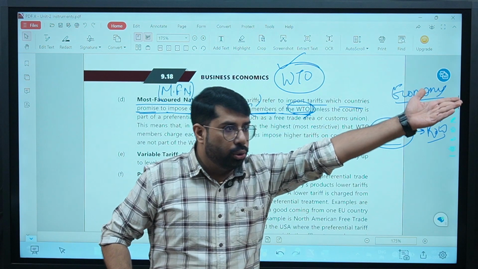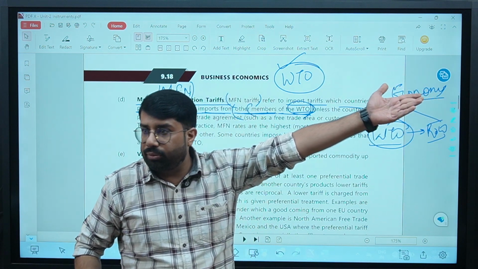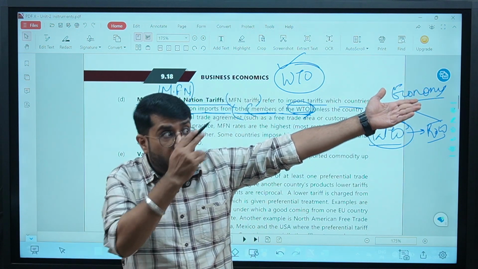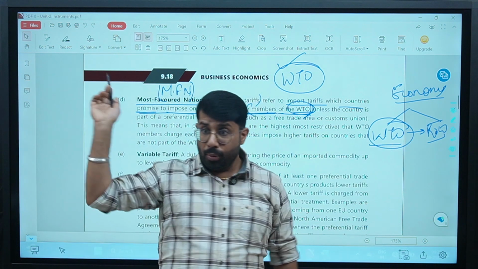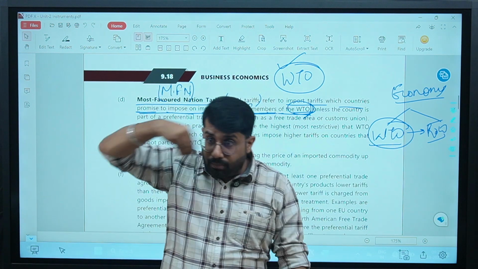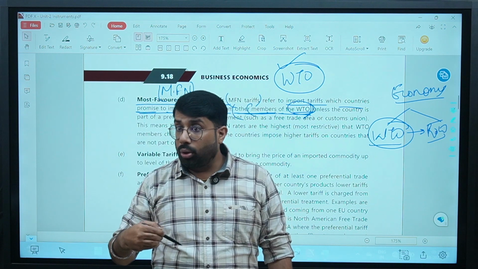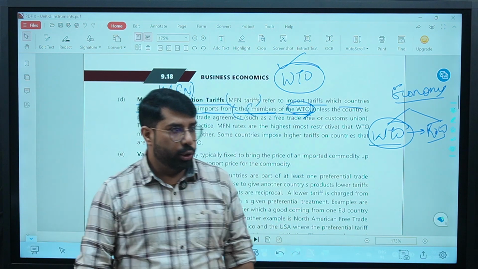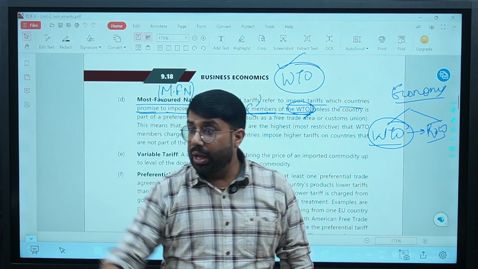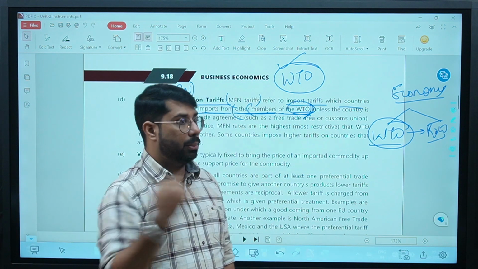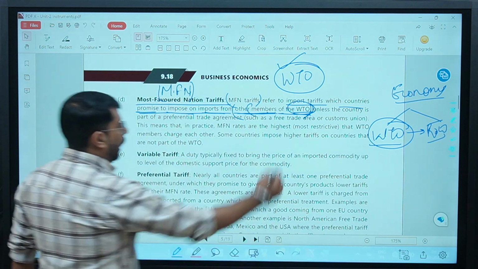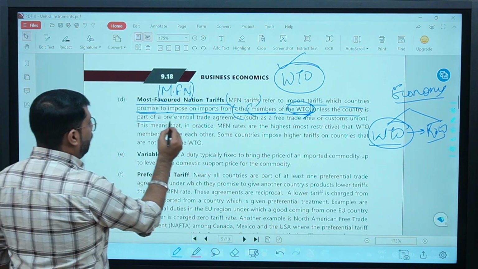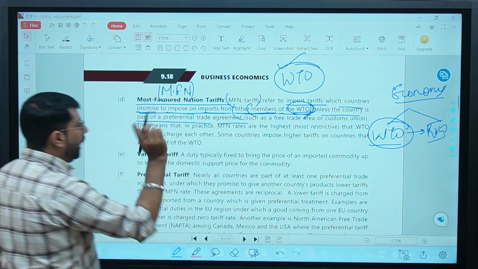Outside the WTO, whoever is not a member of the WTO, we are not talking about that country now. Try and understand. If this is WTO, we are talking about the members of WTO, not the non-members. Are we clear? We are most favored nations for ourselves. Unless the country is part of a preferential trade agreement, that is what we call PTA, such as a free trade area or customs union.